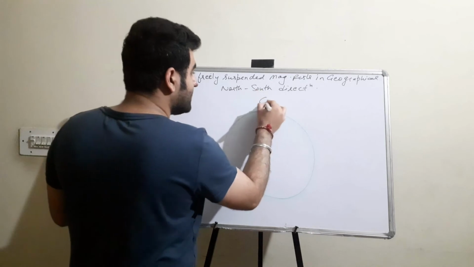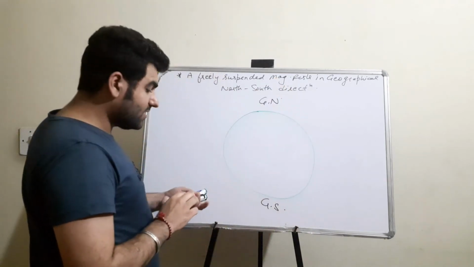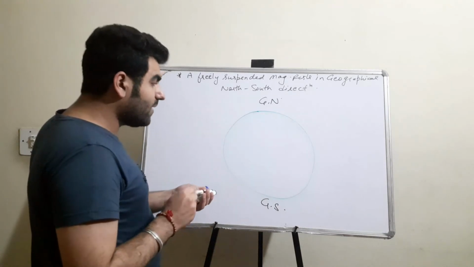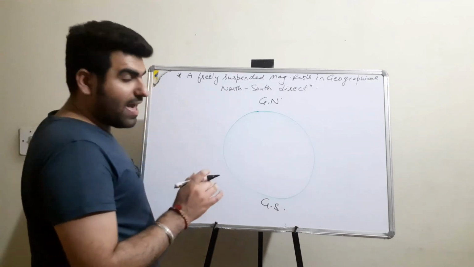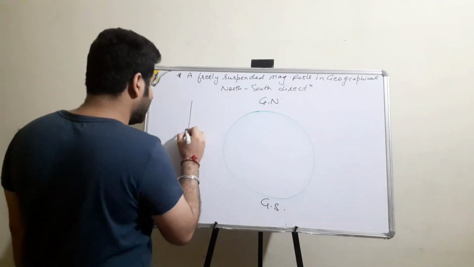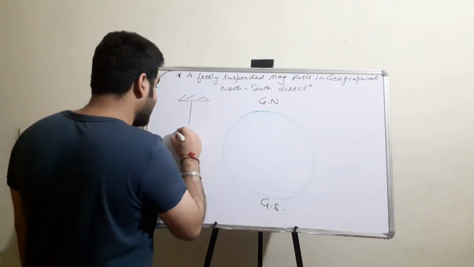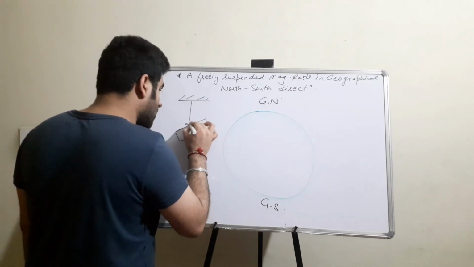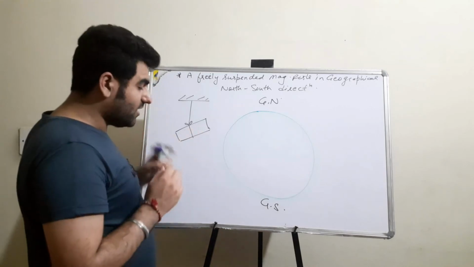Here we will say there is geographical north, and here is the geographical south. Now if we suspend a magnet like this, it will rest in some north-south direction. Now we'll have to see whether this end is north or south.